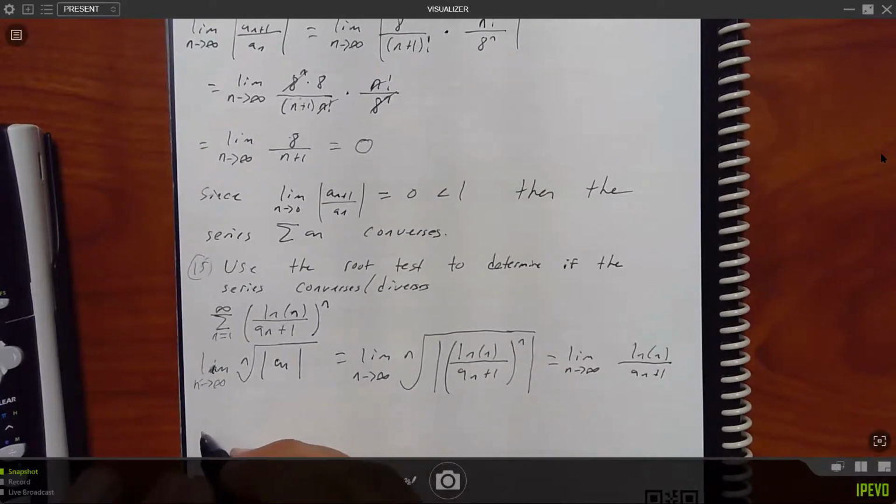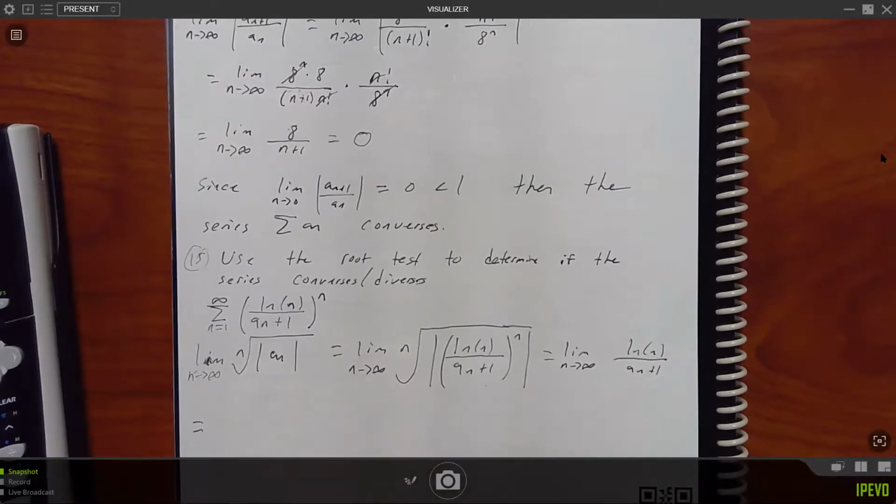So what is that limit going to be? Can you tell? Is ln bigger or is n bigger? Which one grows faster? You know the graph, right?